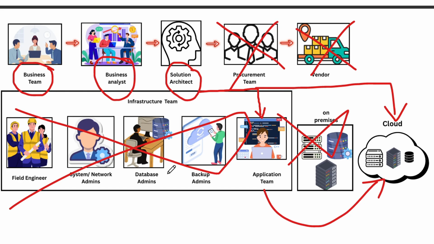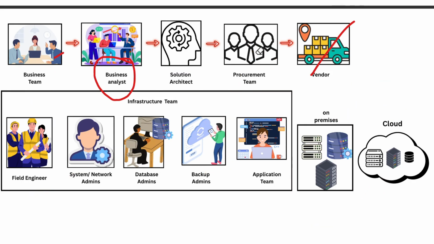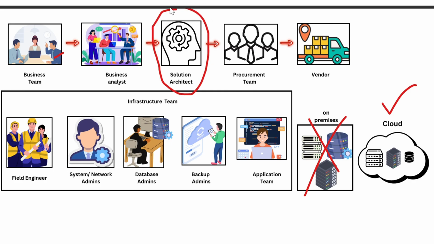So how am I telling there is no need of all this infrastructure? Now let us decode clearly. If we are not using on-premises and we are going with the cloud, the solution architect designs whatever resources are needed for the application.